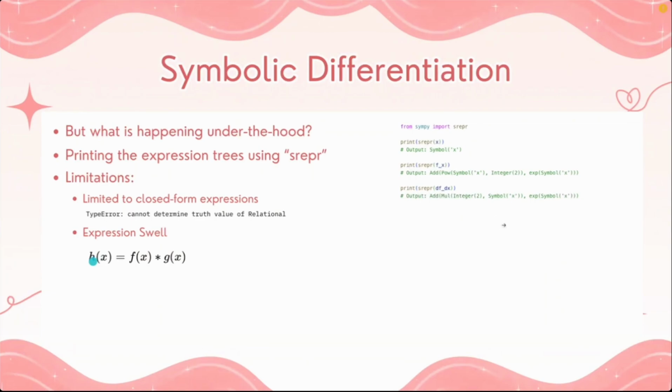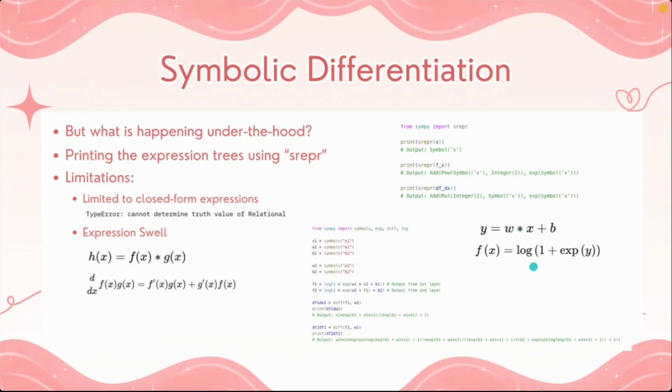If you know the basic product rule of calculus, if you differentiate this function with respect to x, you have to do f prime of x multiplied by gx, then add g prime of x times fx. And let's say this fx and gx are also functions that are multiplications of functions. So these quickly add up.